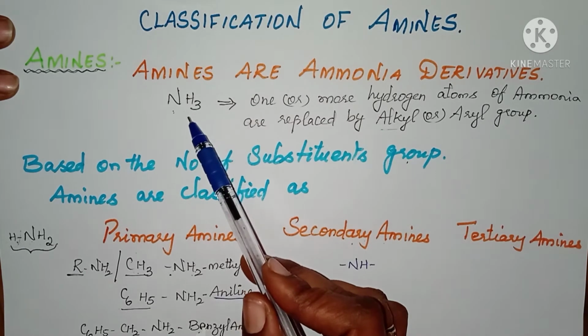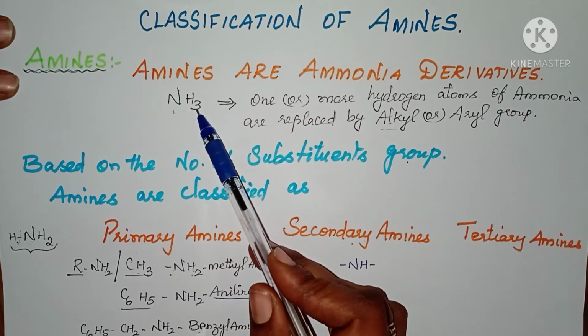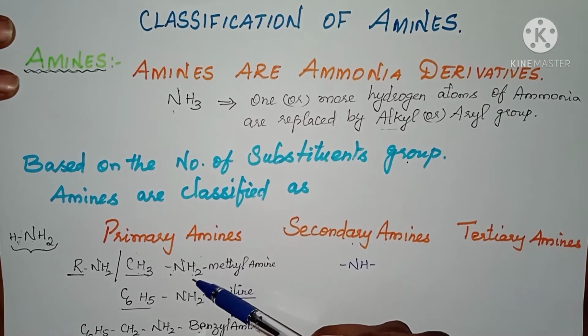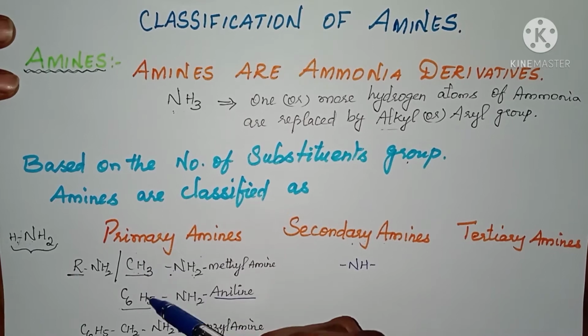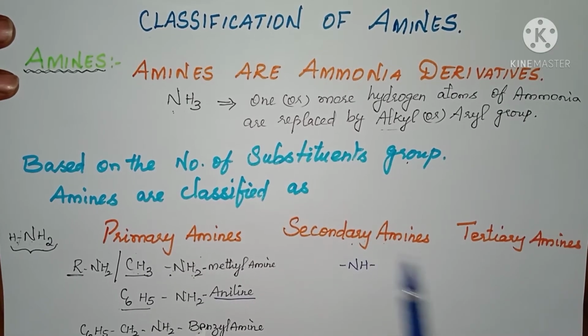NH3. One hydrogen released gives the functional group of primary amine, that is NH2, and wherever it is joined with an alkyl or aryl group, it is called primary amine. Secondary amine means 2 hydrogens have to be replaced by alkyl or aryl groups.